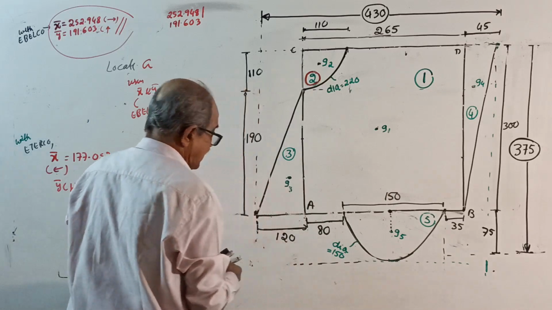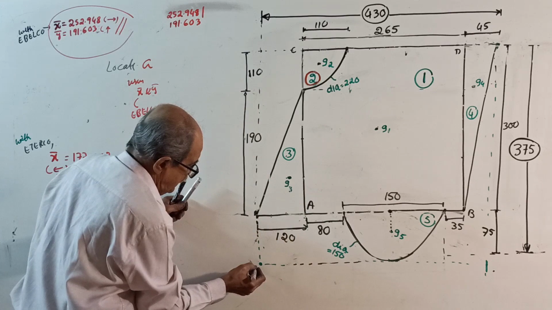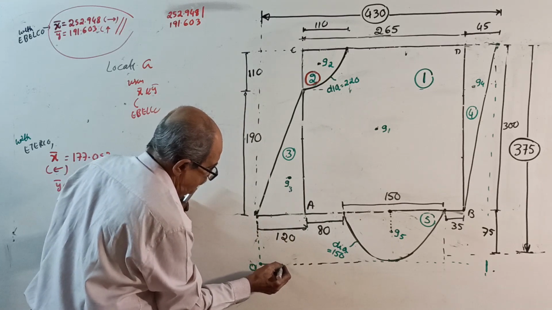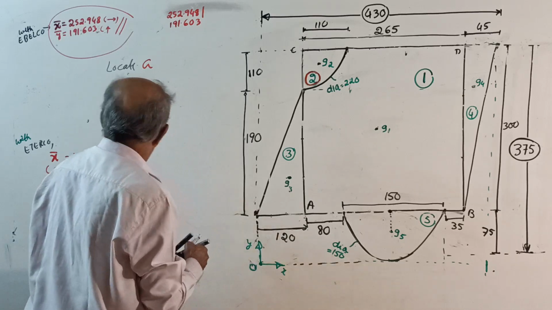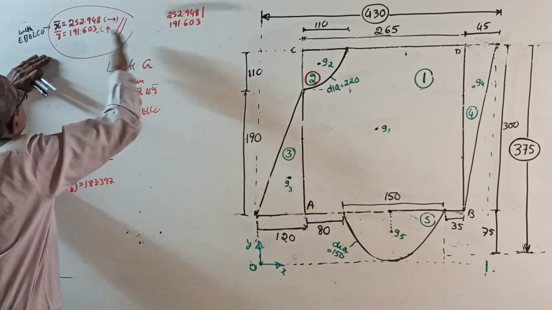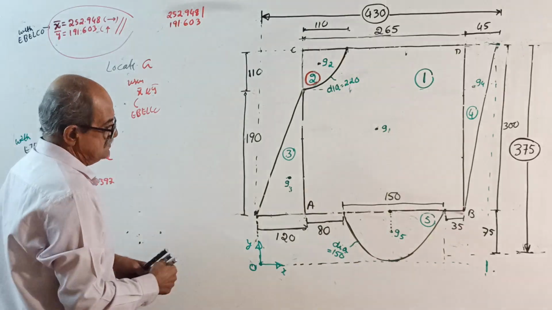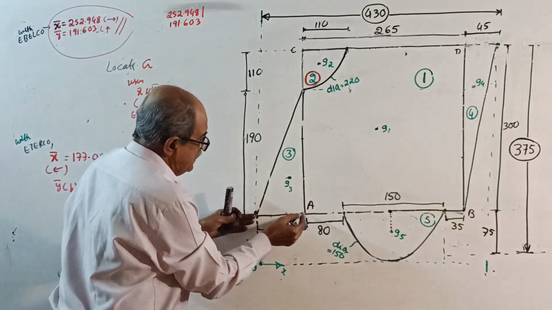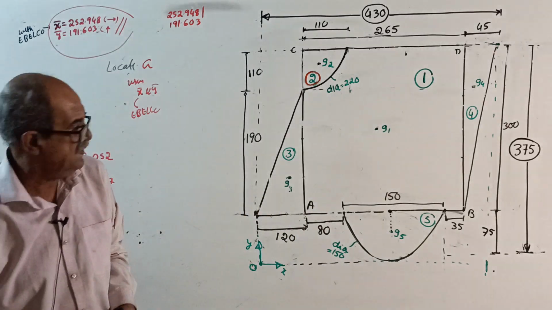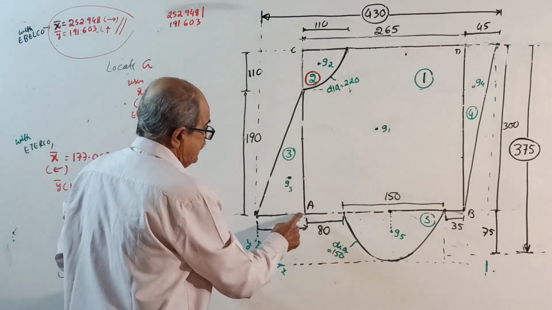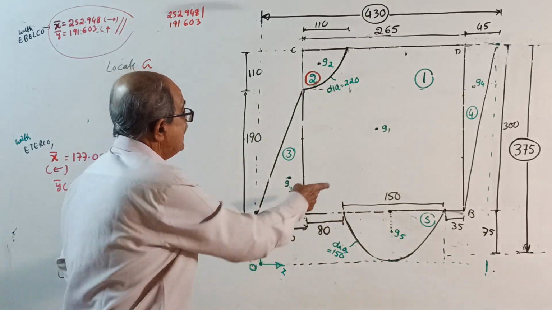Your origin is, see, once again, mark the origin because you continue with this origin only. This is origin O. This is X, this is Y. See, X bar, you got 252.948. So start. 120, so further you have to go. Then 120 plus 80, 200. That 30 is not required.